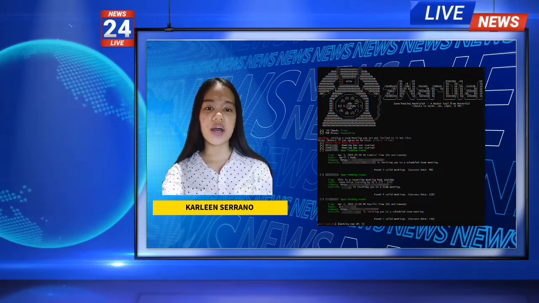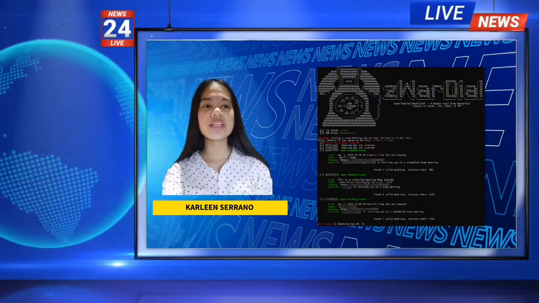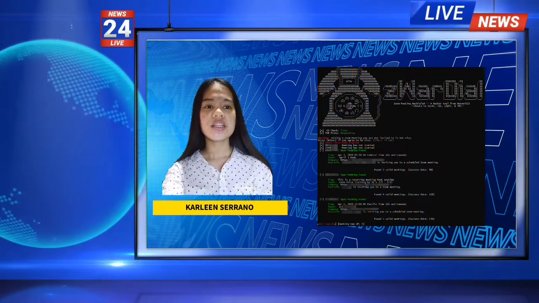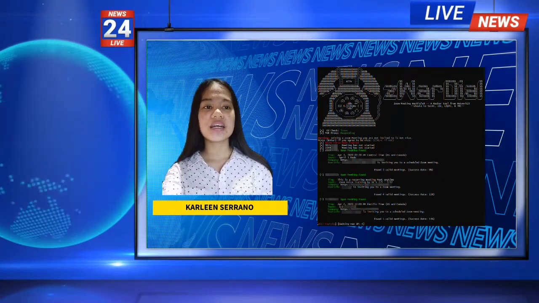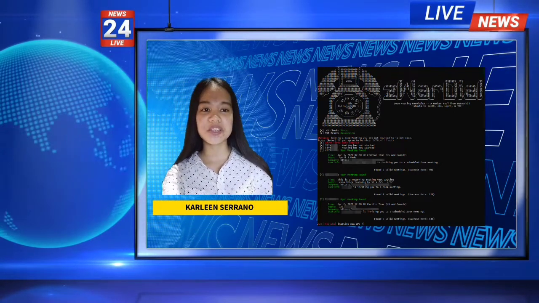Using a computer to dial telephone numbers within a given range, usually with the intention of finding a modem carrier signal. The practice largely predated the widespread penetration of broadband internet connectivity.